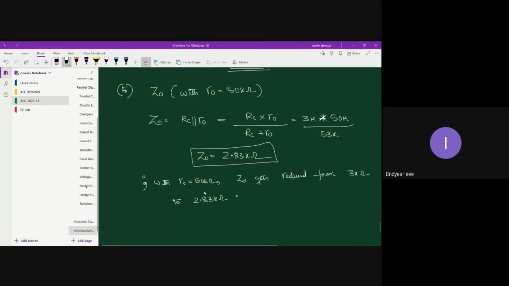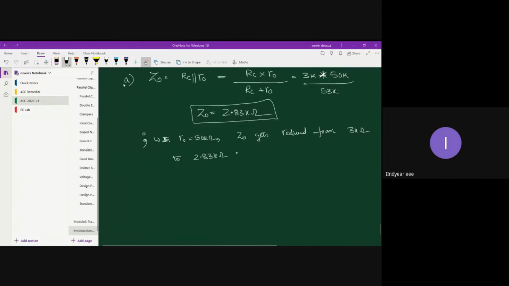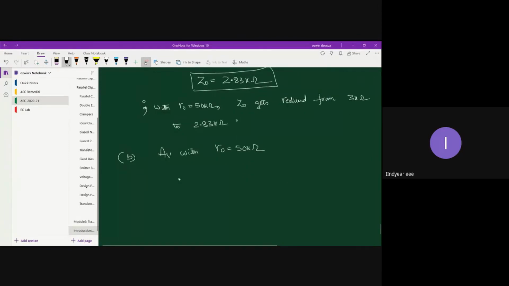Let's see. So this is part A of the fifth, and this is part B: AV with R0 equal to 50 kilo ohm. Let's see how much voltage gain you'll get. The voltage gain AV is basically minus RC parallel with R0 divided by RE. So how much will you get?